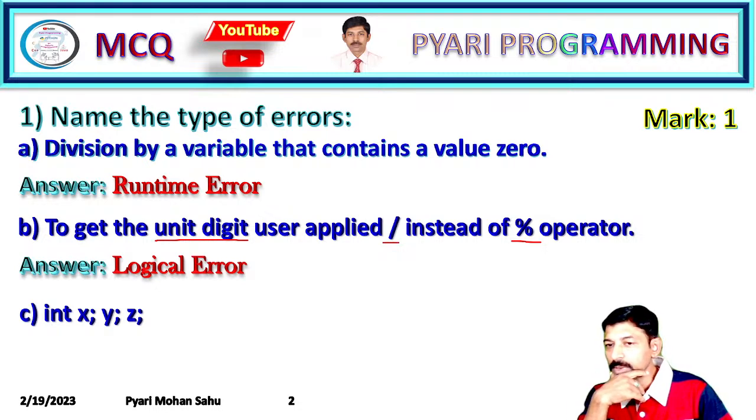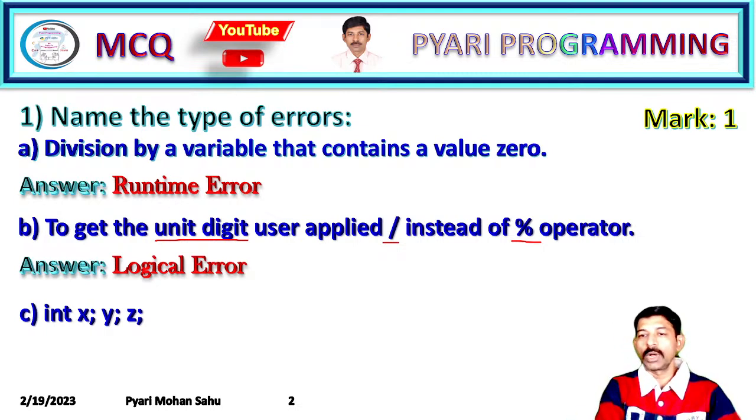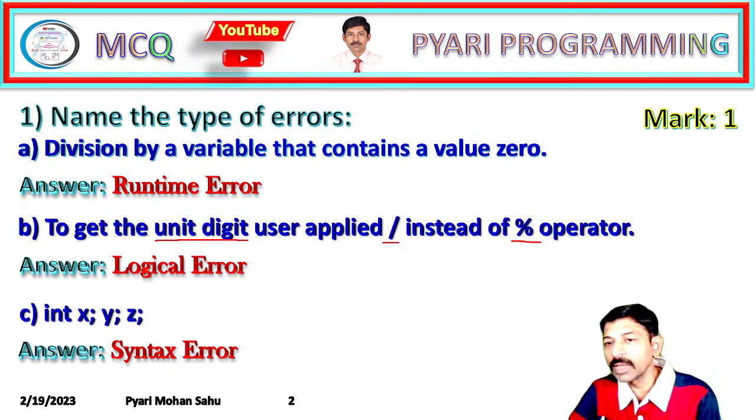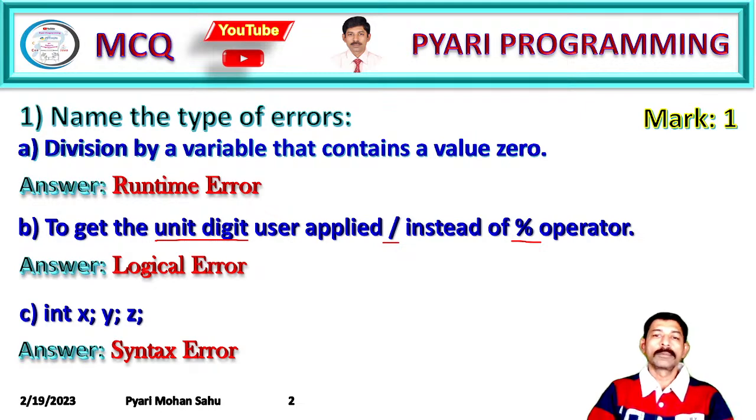After every variable there must be a comma, not a semicolon. Subhalakshmi, it is not colon, it should be comma. Look, Lorem has given the answer: replace semicolon with comma. Syntax error because y, z are not declared. Good, this is also an explanation for the answer.